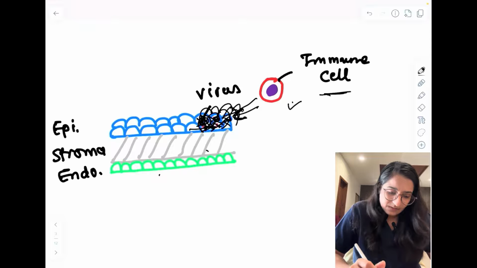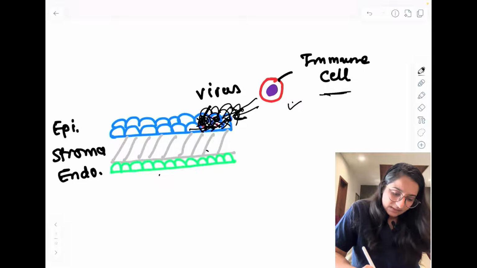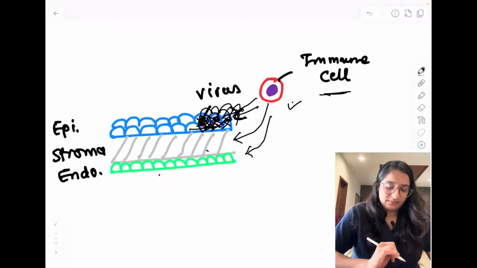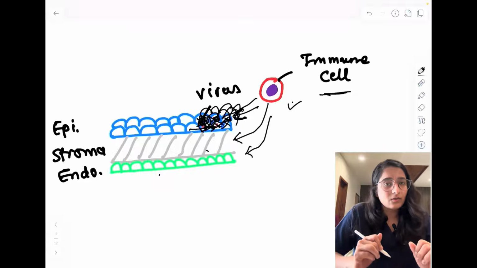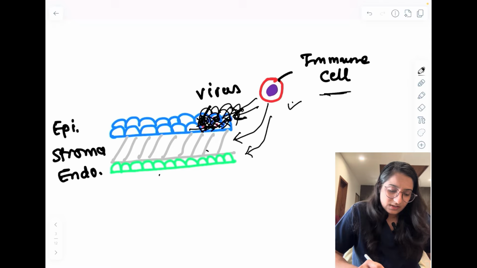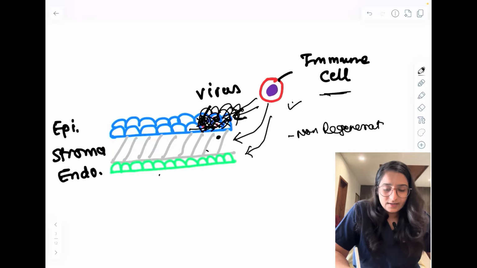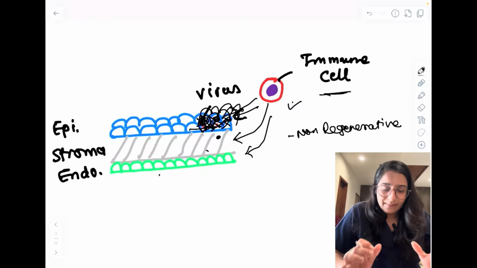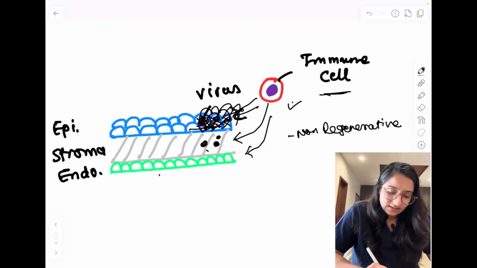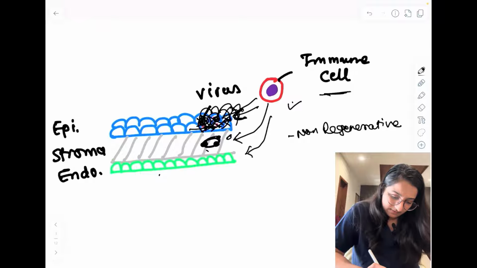But sometimes this immune cell mistakenly destroys our stroma and endothelium. So why is it not favorable? Because we know that stromal fibers are non-regenerative. Okay, so it does not regenerate after damage. When the stromal fibers get destroyed here, it creates an opaque layer or opacity in that area.